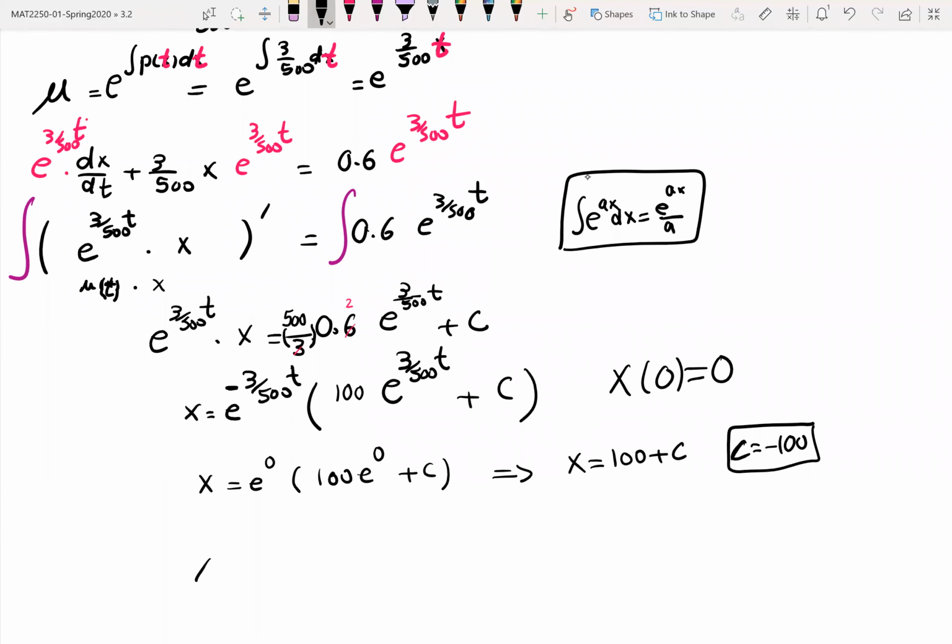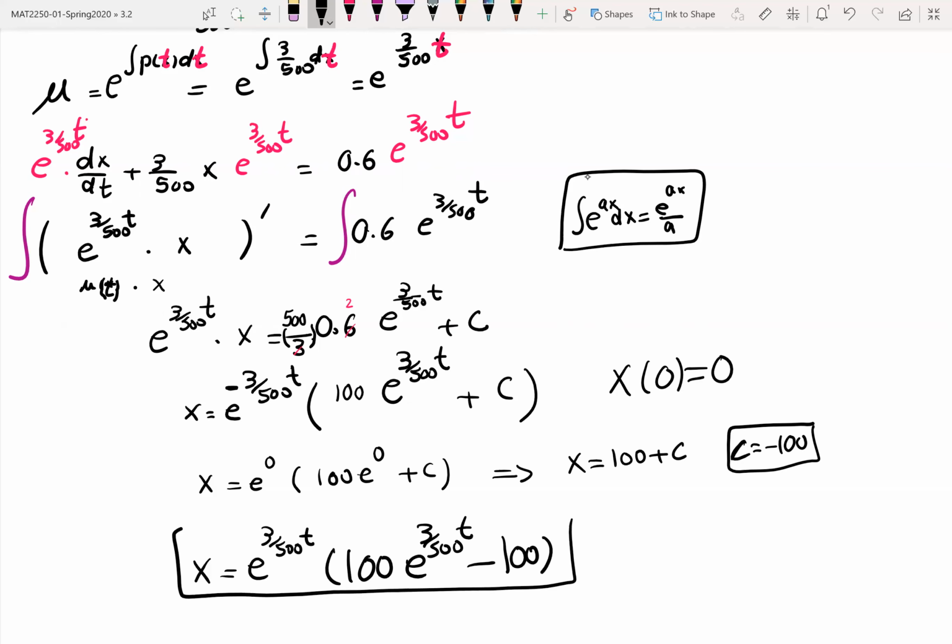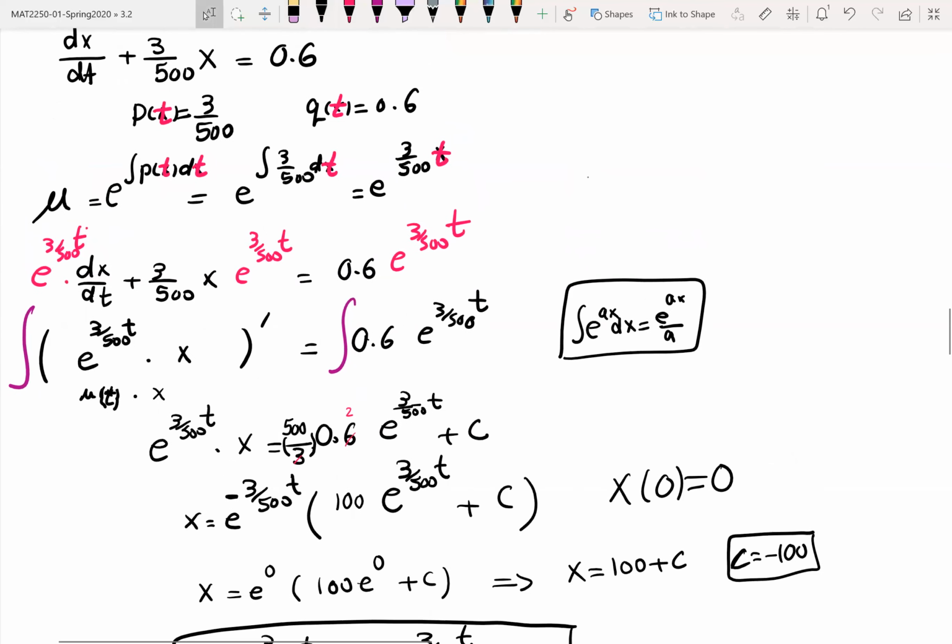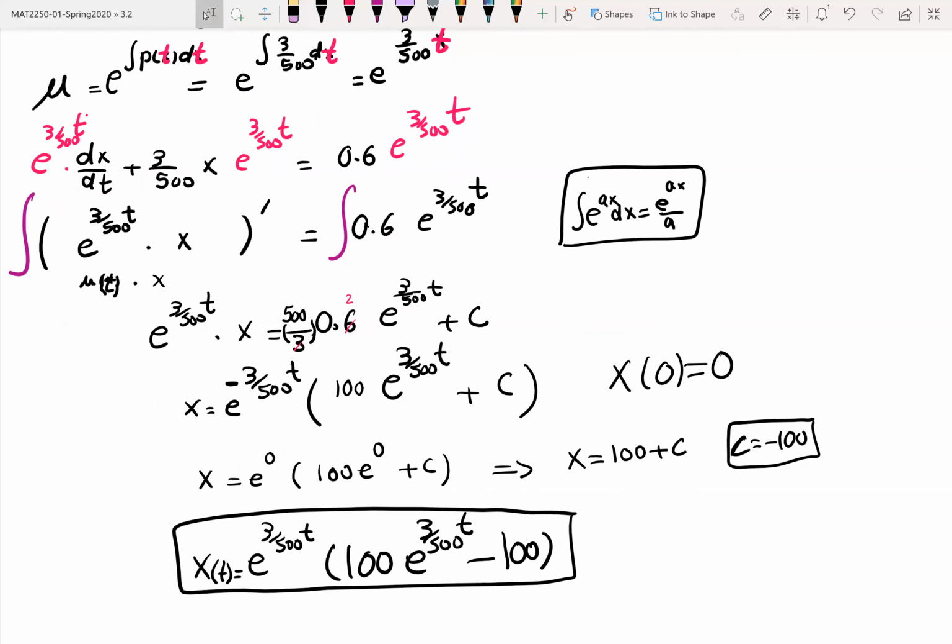So my last answer has 100 e to the 3 divided by 500 t, minus 100. Okay. This is really the answer, but I need to go back.